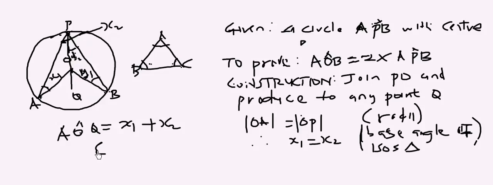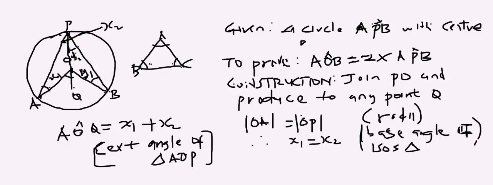This is AOQ, this angle here. It is equal to x1 plus x2, because the exterior angle of a triangle is equal to the sum of the opposite interior angles. That means this angle here is equal to the sum of this angle plus this angle.